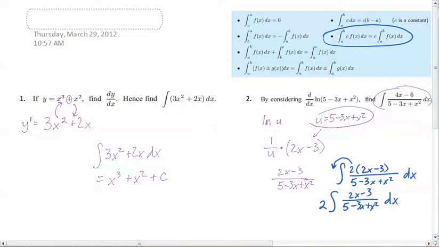When I take the integral of that, it should give me the natural log of 5 minus 3x plus x squared, because the derivative of that gave me the 2x minus 3. So I can rewrite it as 2 times the natural log of 5 minus 3x plus x squared. It is an indefinite integral, so please don't forget to add on that c, that arbitrary constant that we're not quite sure what it is.